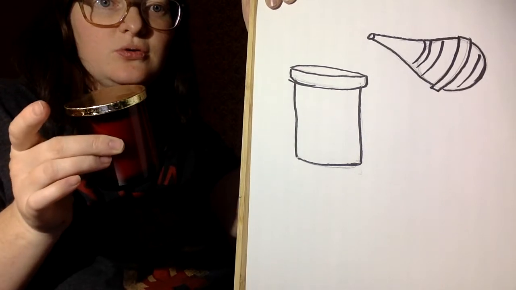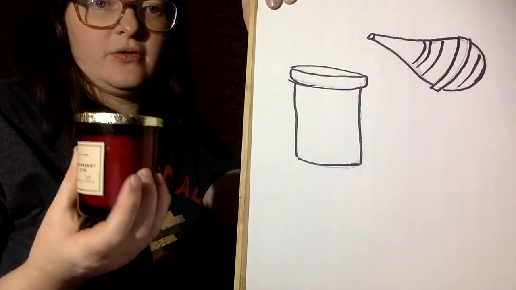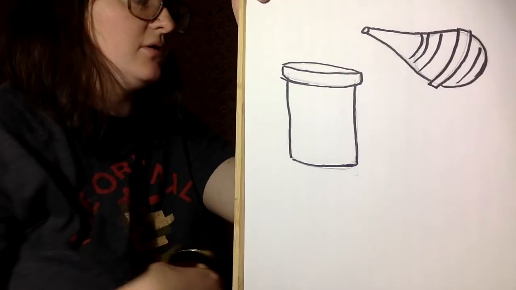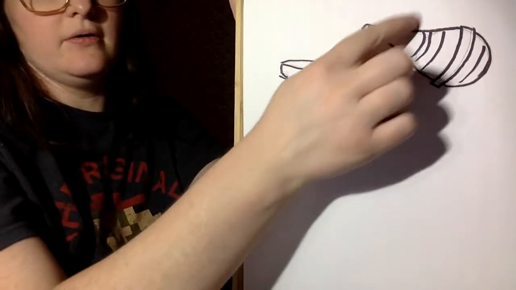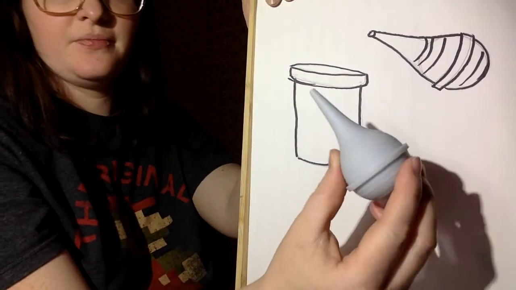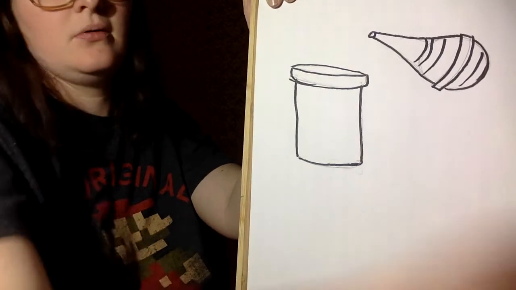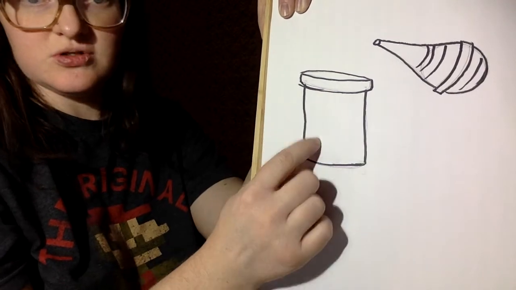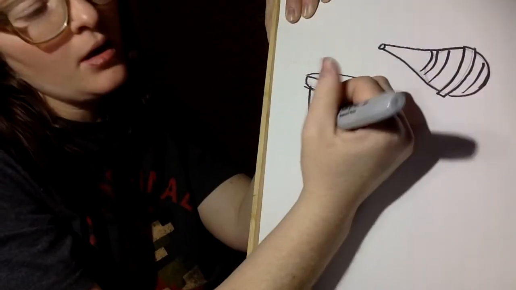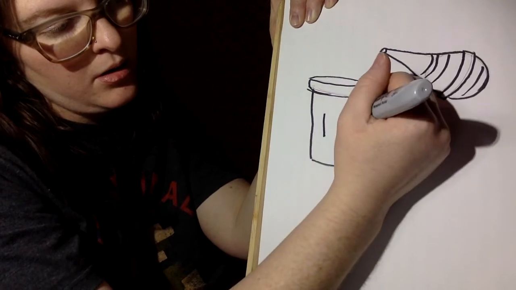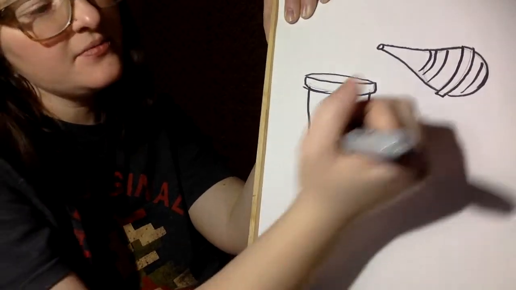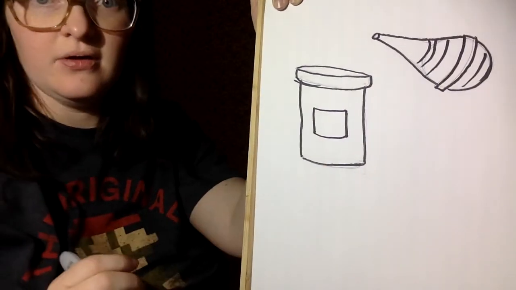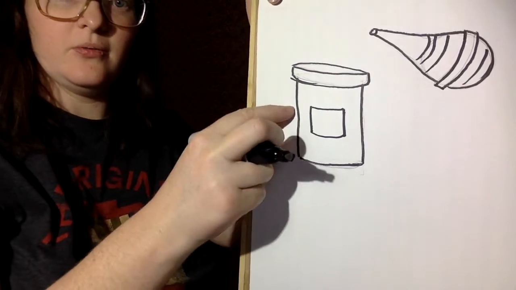Or if you wanted to go even further and add in the label, again, just like how the lines are a little bit curved for the aspirator because it's rounded, adding in the label wouldn't just be like a straight edged square. It would be straight on the sides, but then this would also have a little bit of a curve to follow that rounded shape.